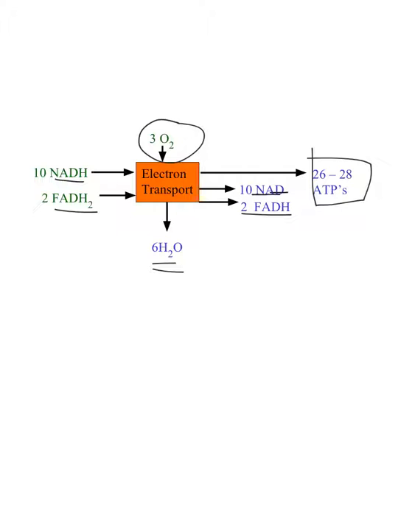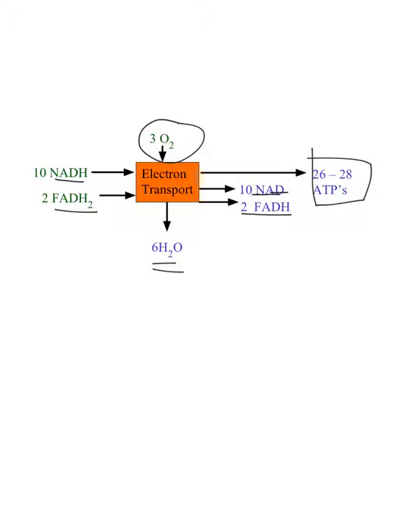But before we go too far, why is it 26 to 28 ATPs? Why don't I just give you a proper number here? Well, here's where it becomes a little bit tricky.